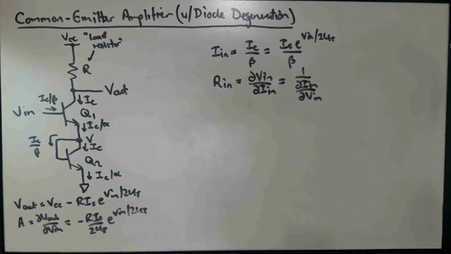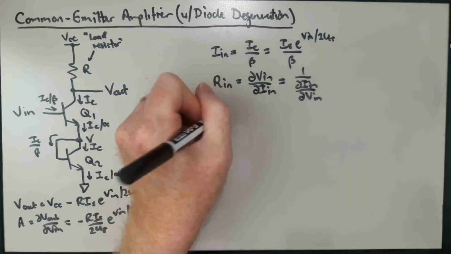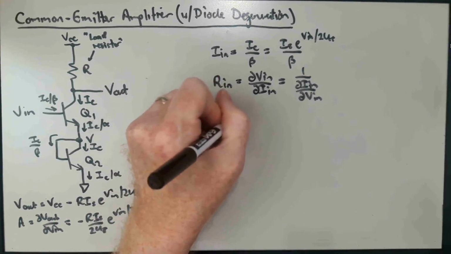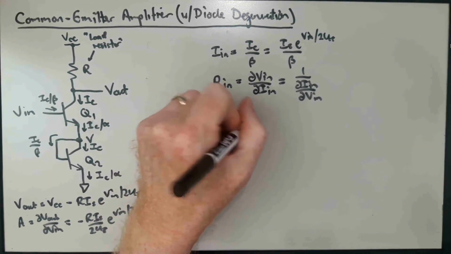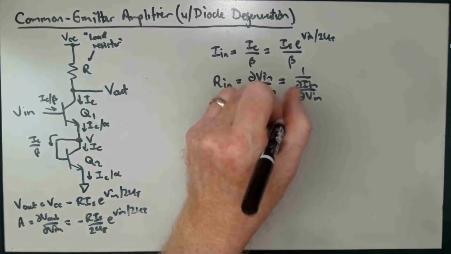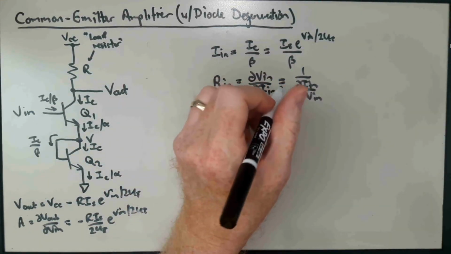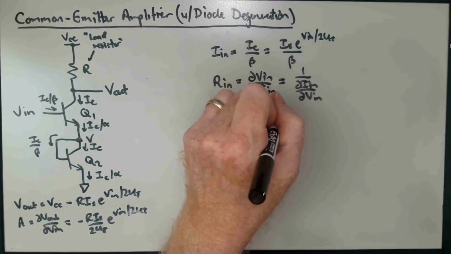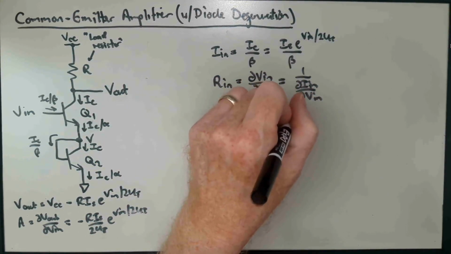And so we can take the derivative dIn dVn and find that we have Is. Again, we differentiate the exponential. We get e to the Vn over 2Ut.